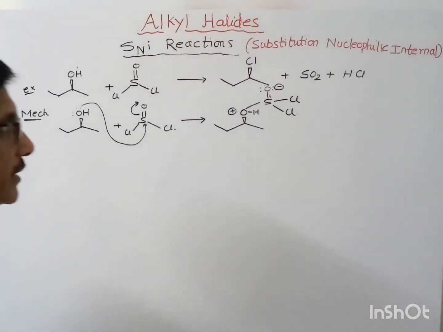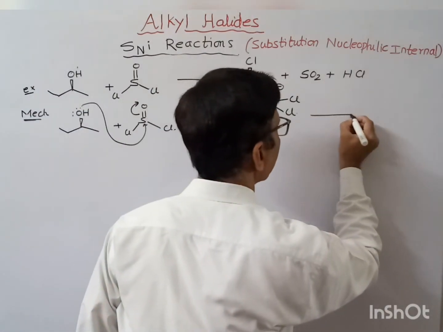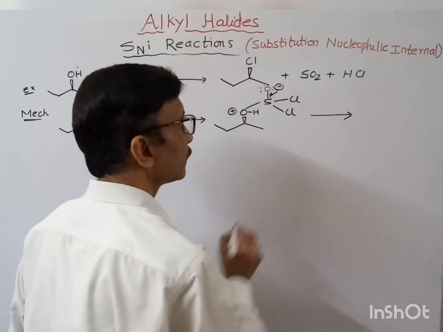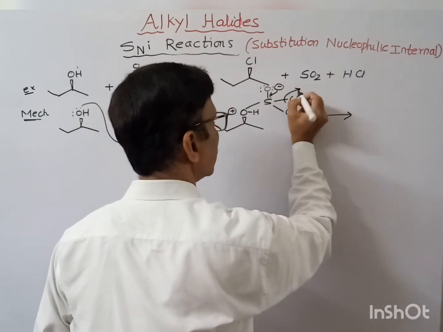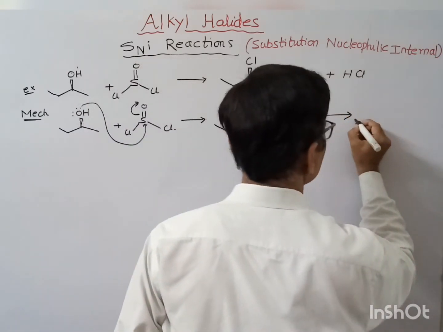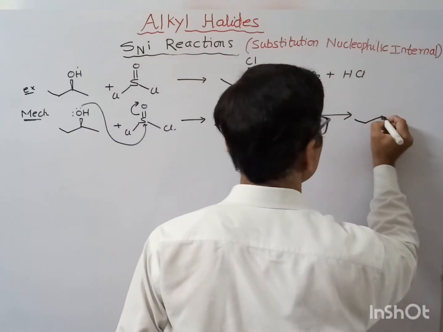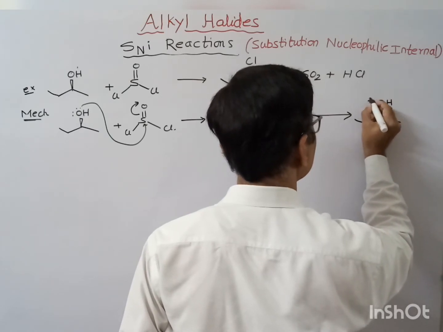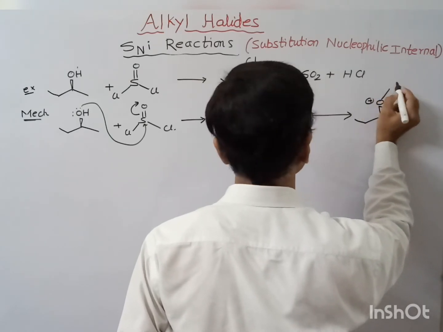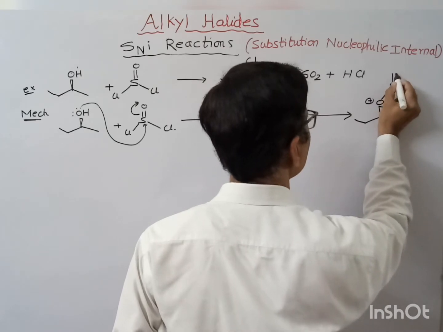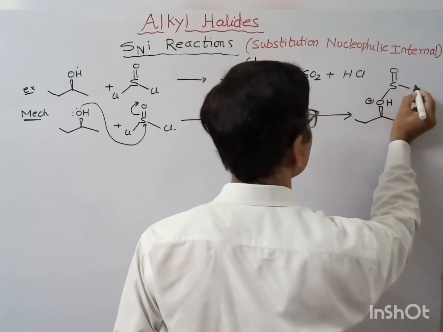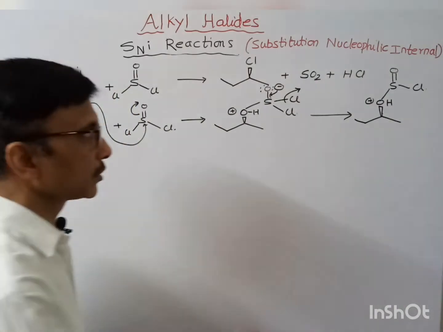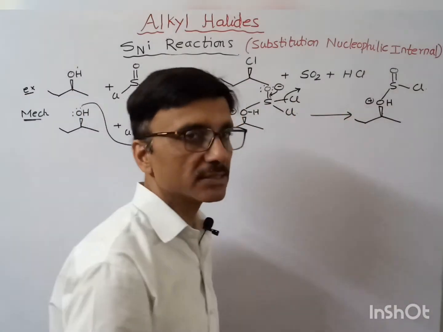Okay, now in next step, chlorine will leave out. Again a pi bond would be formed, and one of the chlorines will leave out. So chloride ion has left out.